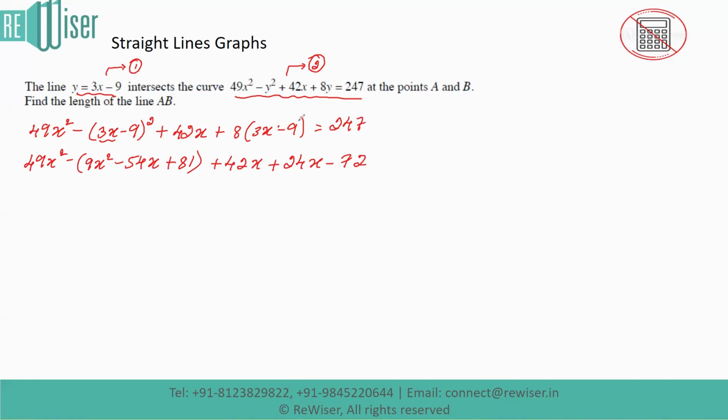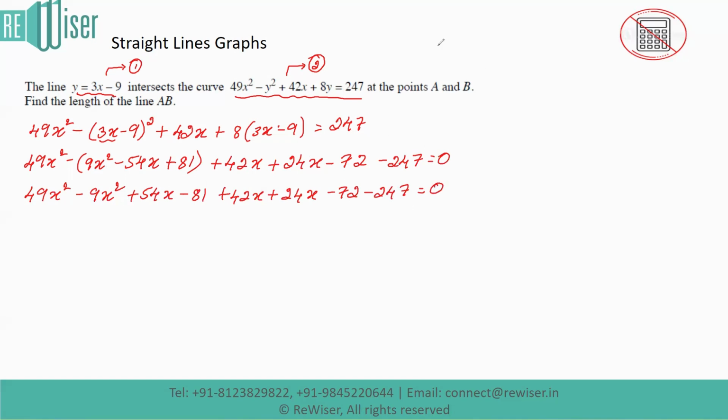And if I take the 247 to the left hand side, that's going to give us minus 247 equals 0. Further simplifying, this is going to be 49x squared minus 9x squared, then plus 54x minus 81, then plus 42x plus 24x, then minus 72 minus 247, equals 0.